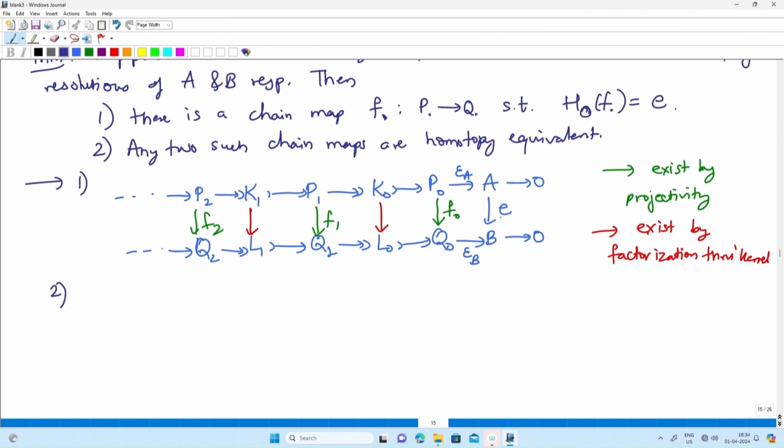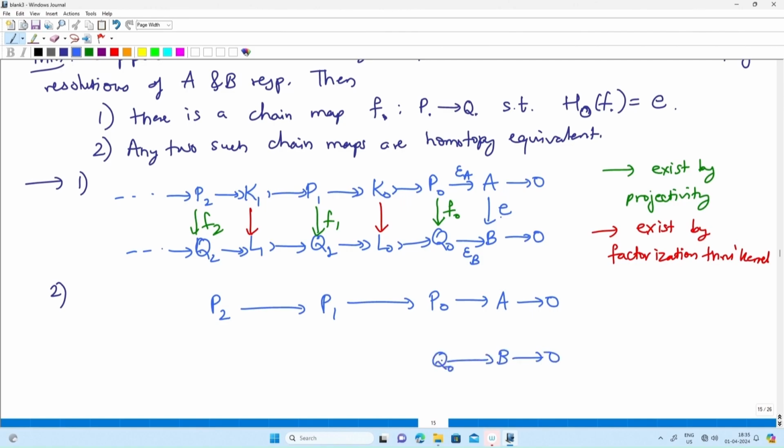Now, if we are given two chain maps, then we should be able to show that they are homotopy equivalent. So one such diagram looks like this. So I'm going to again draw another diagram, but a much smaller version now. So we don't want to talk about all the intermediates for the top diagram, and the bottom one, we will need all of them.